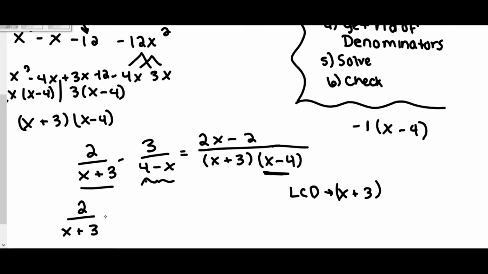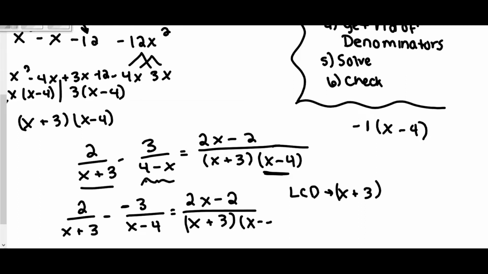So I'm just going to bring that negative up to the top and rewrite 4 minus x as x minus 4 equals 2x minus 2 over x plus 3, x minus 4. The reason why we can just pull out that negative 1 is because we can think about it as pulling out a GCF.